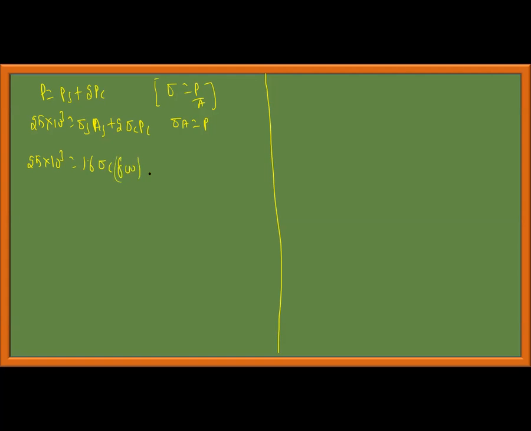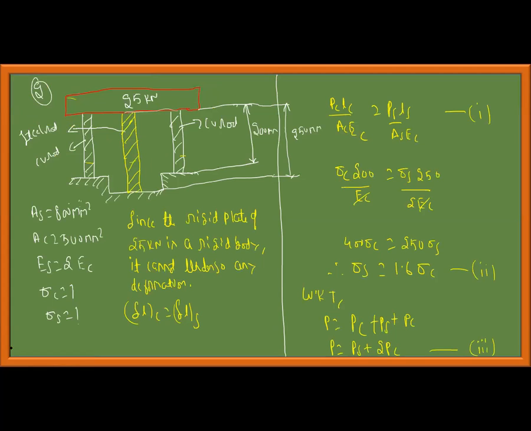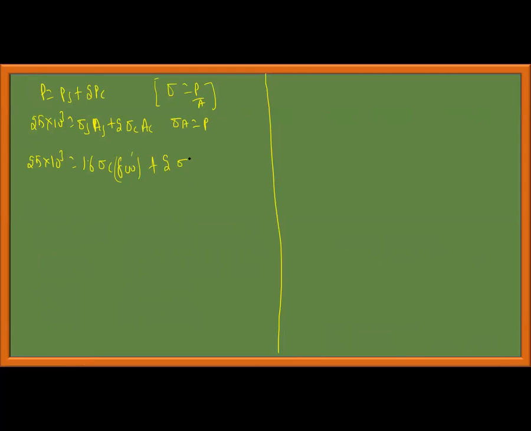Plus 2 times sigma C into area of copper, which is 500 mm square. Tell me the value of sigma C.